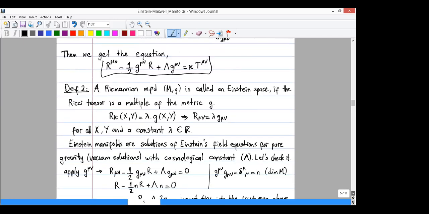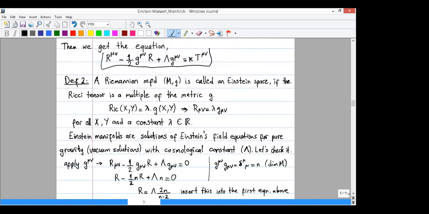Okay, so let's continue with another definition. A Riemannian manifold (M, g) is called an Einstein space if the Ricci tensor is a multiple of the metric g. This is the very basic definition of Einstein manifolds or spaces. The Ricci tensor takes x and y as entries and gives lambda g(x, y).